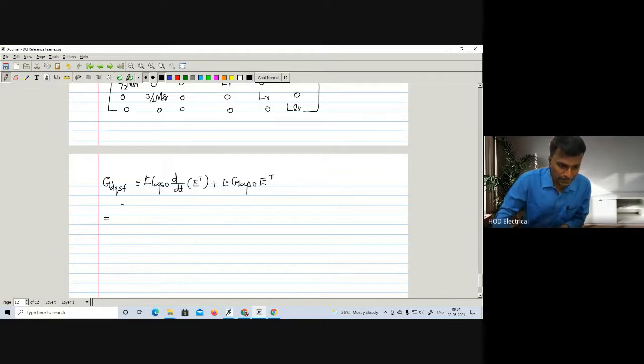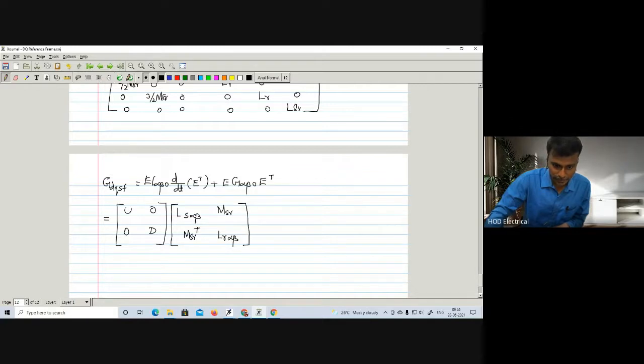Already we know what the E matrix is. The E matrix is nothing but U, 0, 0, D matrix. Then L alpha beta naught, where we already know LS alpha beta, LR alpha beta, then MSR in alpha beta, and MSR transpose.